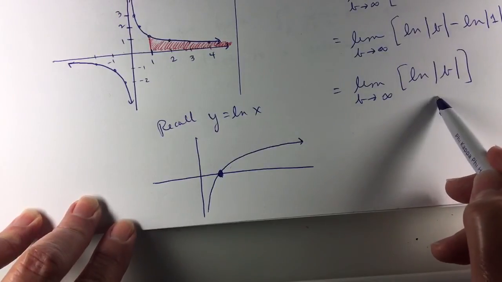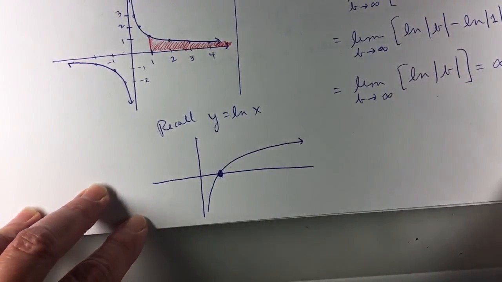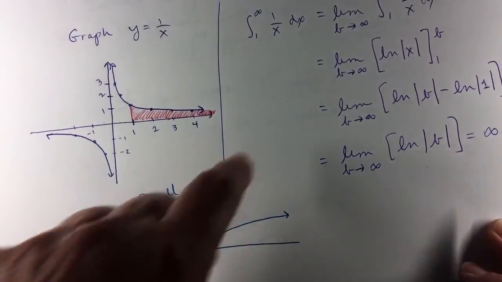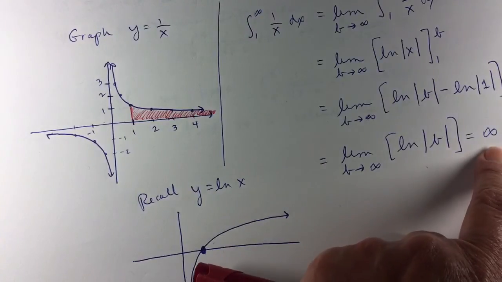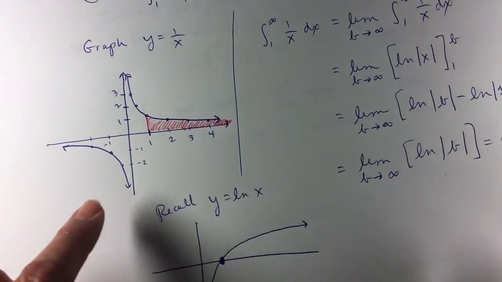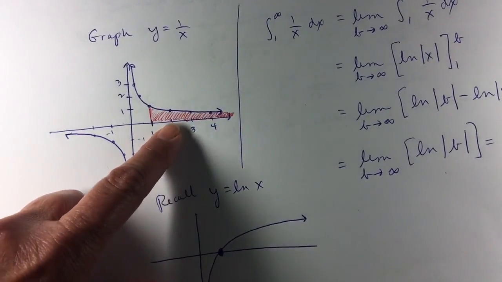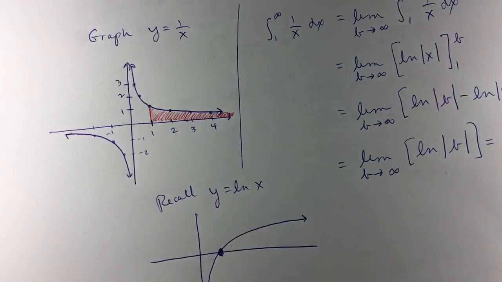What is this limit? That's infinity. So this infinite integral does go to infinity. This area under this curve from 1 to infinity is an infinite area.